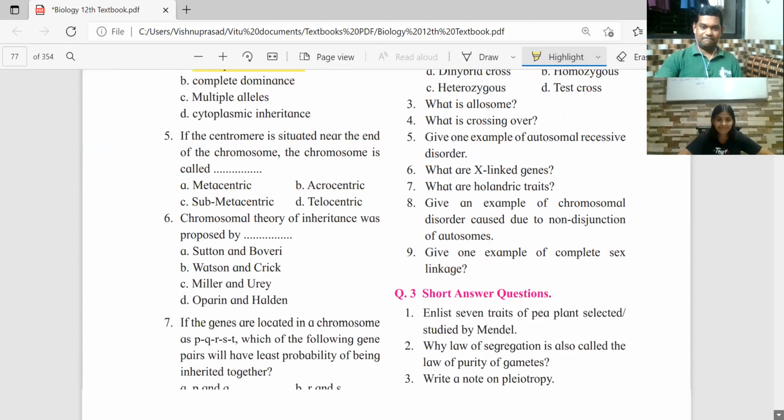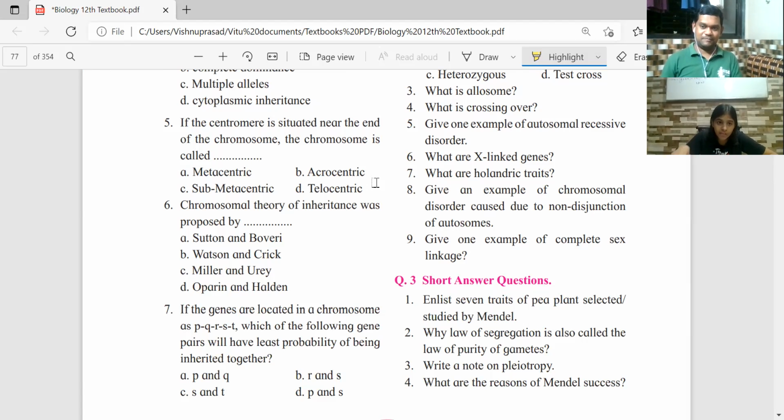Fifth one: if the centromere is situated near the end of the chromosome, the chromosome is called... There are 4 types, and the 4 options are given.